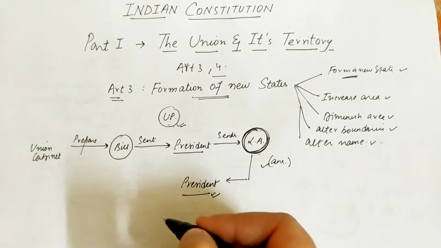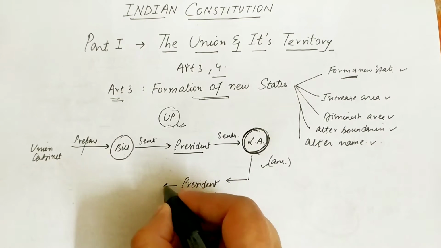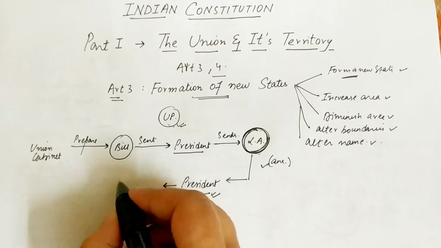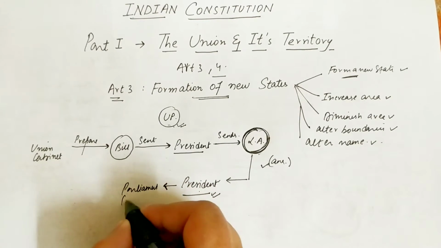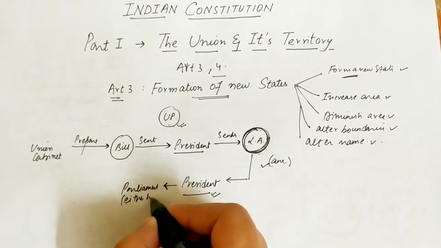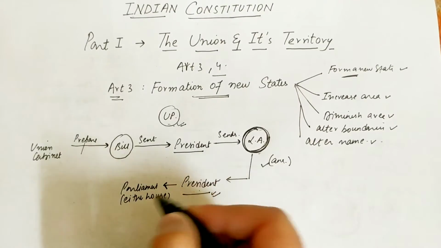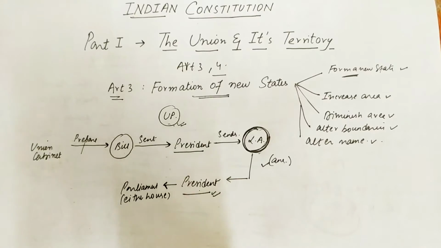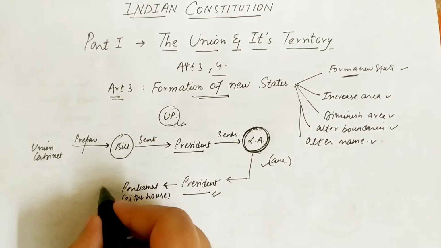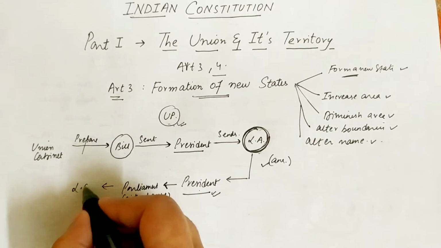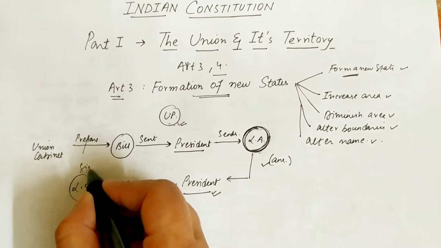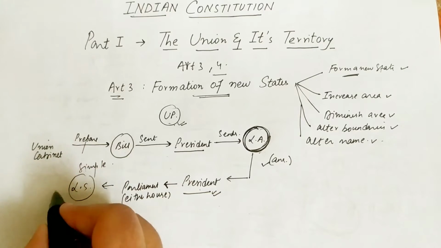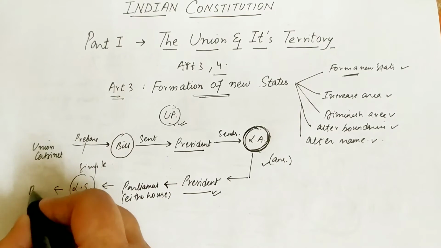If the President still wants to go on, he will send it to the Parliament, that is either house. It can be sent first to the Lok Sabha, then to the Rajya Sabha, or first to the Rajya Sabha, then to the Lok Sabha. Let's take an example. It was sent to Lok Sabha. It was passed here with simple majority. Then it is sent to Rajya Sabha.